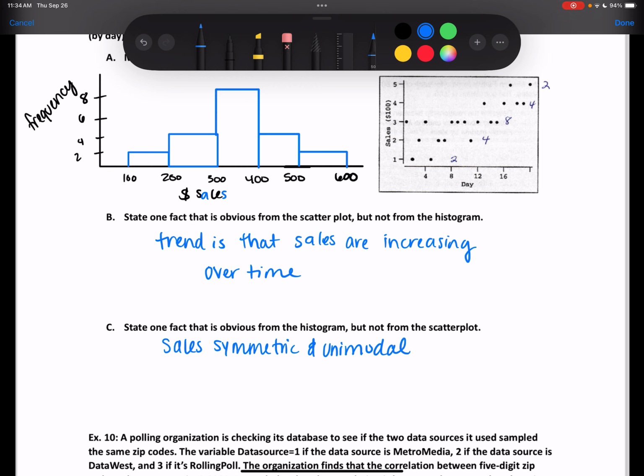Then we can also say, I mean, we could kind of see this in the scatter plot, but it's clearer here than in the other one: the most frequent amount of sales is $300, and it happened 8 times.